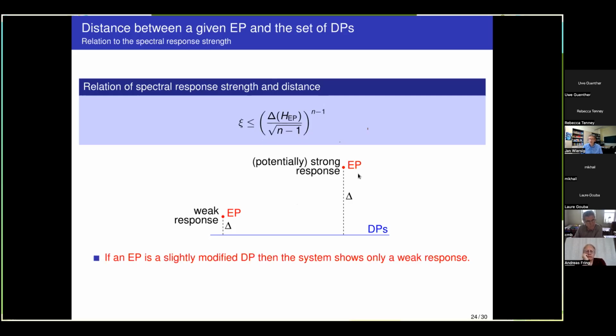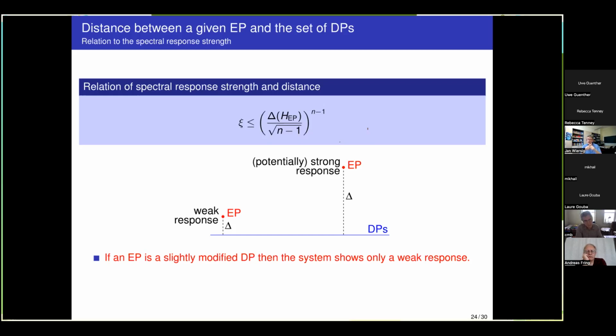And this actually has important consequences. Sometimes people fabricate an exceptional point by starting with a diabolic point. For instance, when you have a periodic system with a band structure and you have a Dirac point, that is nothing else than a diabolic point.